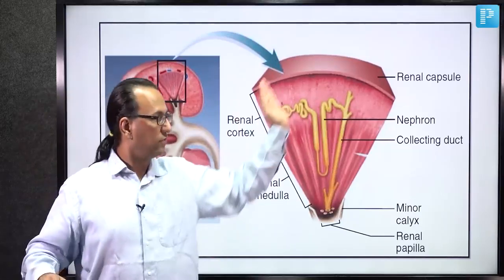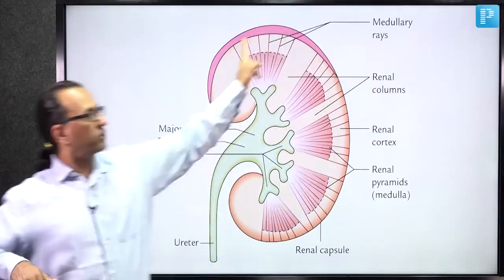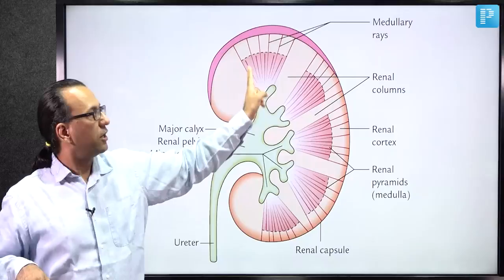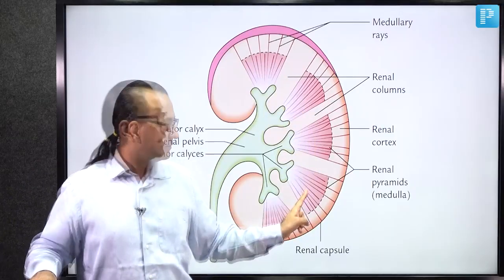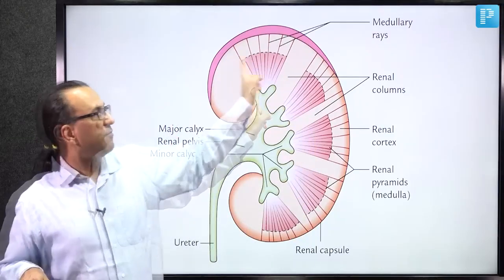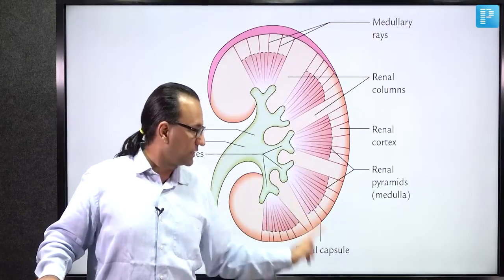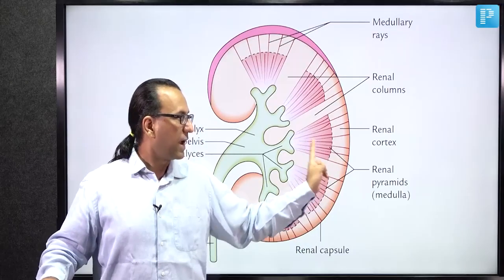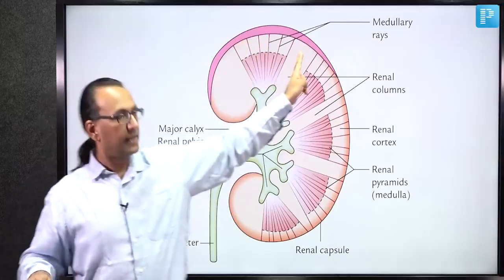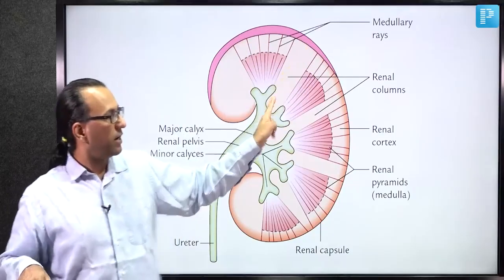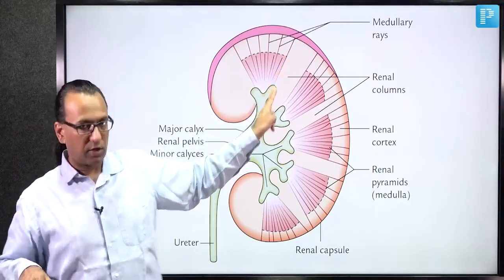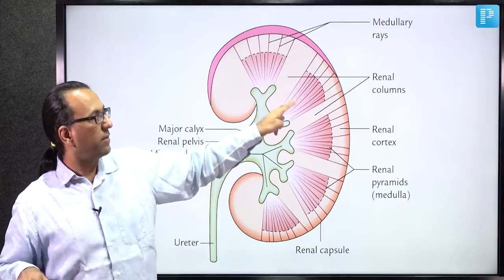As you go into more details of the kidney, you'll find there is outer cortex and inner medulla. But then it is understood that the medulla, which is called as renal pyramid as well, is extending into the cortex. And on the other hand, the cortex is extending in between the medulla. So these are called as renal columns, the cortex extending between the medulla.